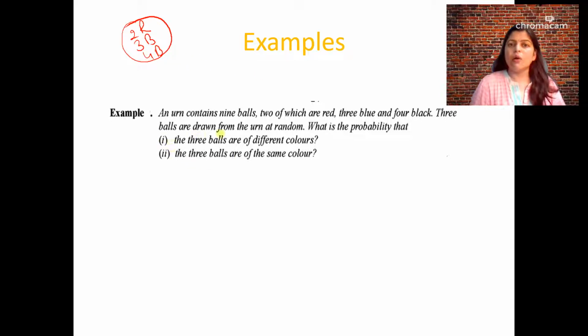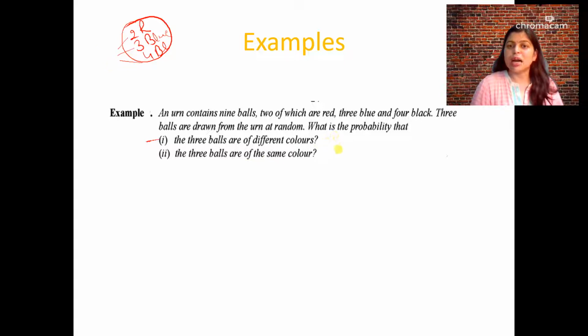Now 3 balls are drawn from the urn at random. The first question is, what is the probability that the 3 balls are of different color? That means one is red, one is black, and one is blue. So one from each color we must have.